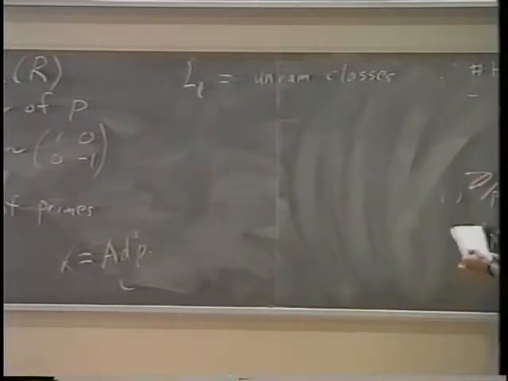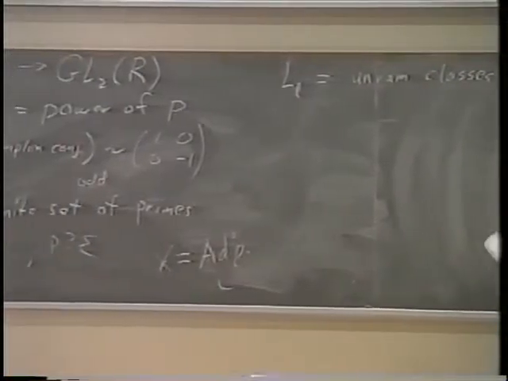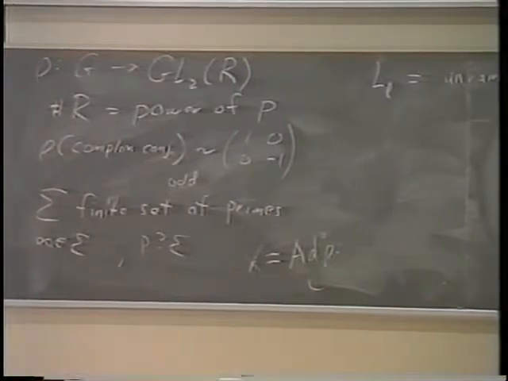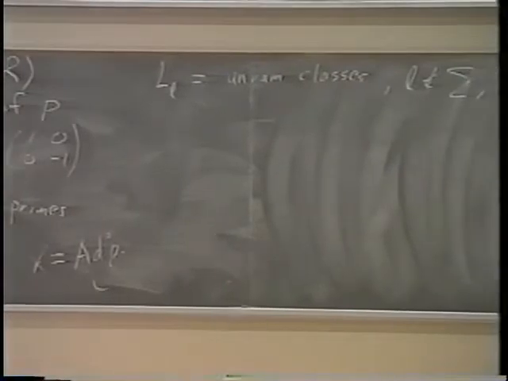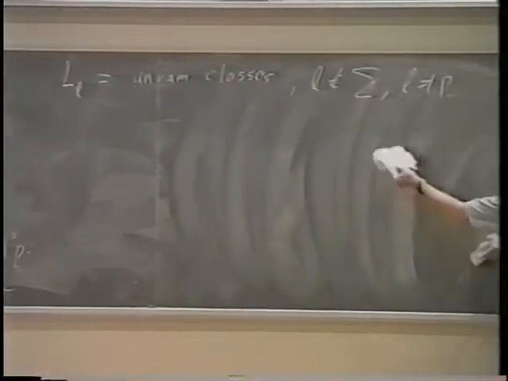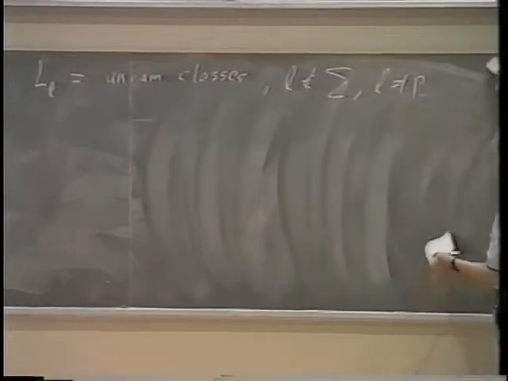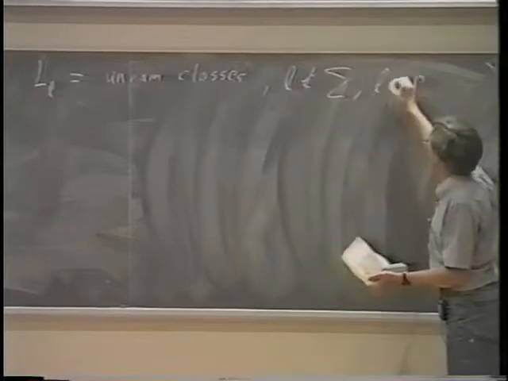So this is just going to be the unramified classes for ℓ not in Σ and ℓ not equal to p. So this means outside this, this is sort of our set where we're going to allow things to go bad, and p is always sort of special. So outside this, we're just going to put this unramified condition on.